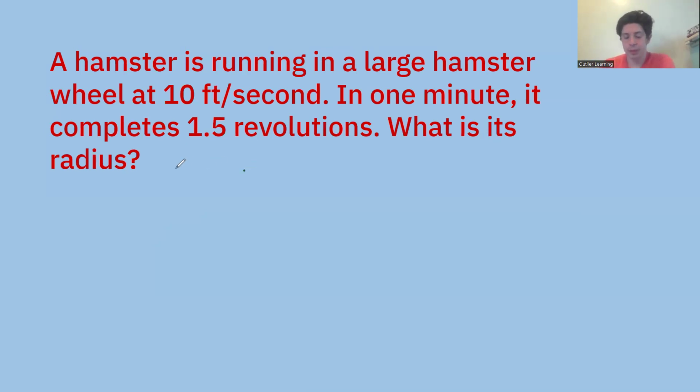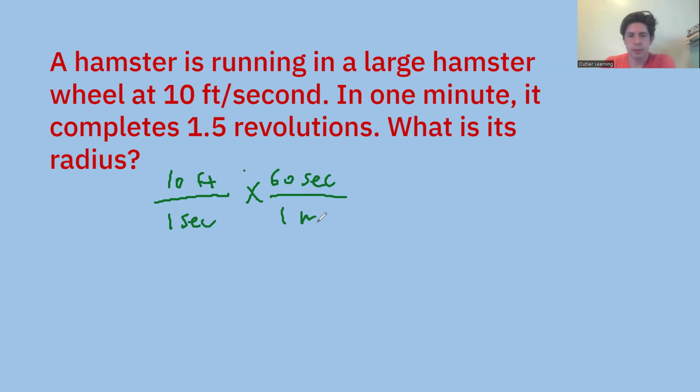So we'll do dimensional analysis again. This one's simpler. 10 feet over 1 second. And then we're going to do times 60 seconds in 1 minute. The seconds will cancel, which is what we want. And we're going to get 600 feet per minute.